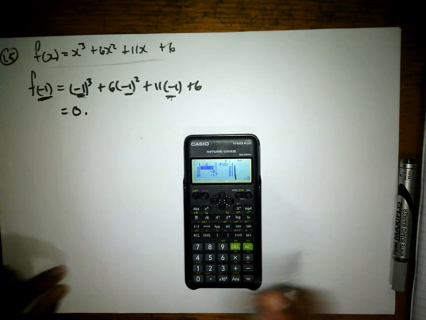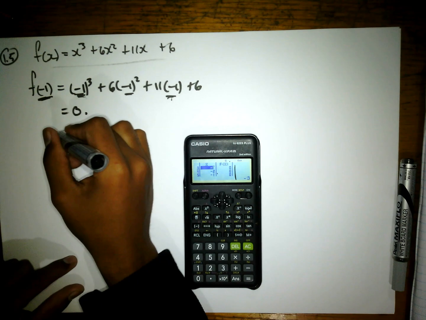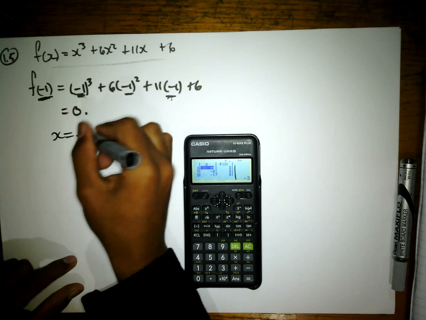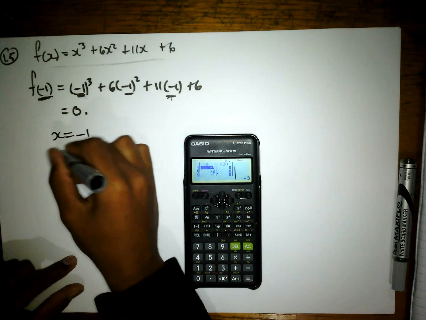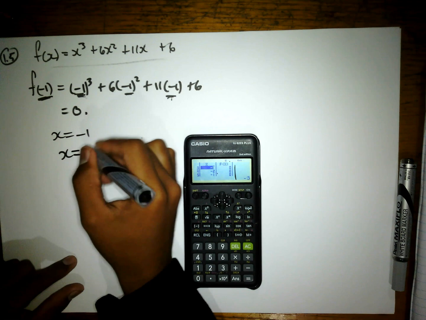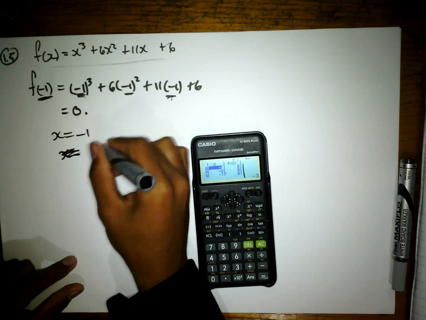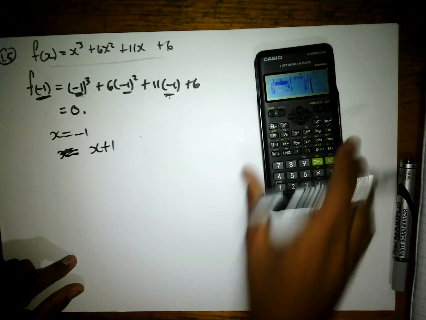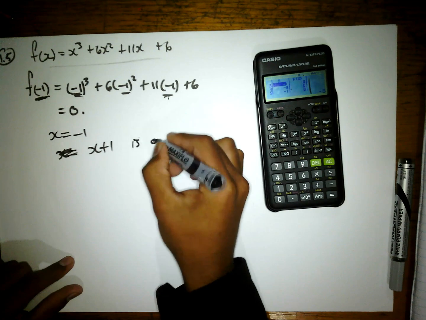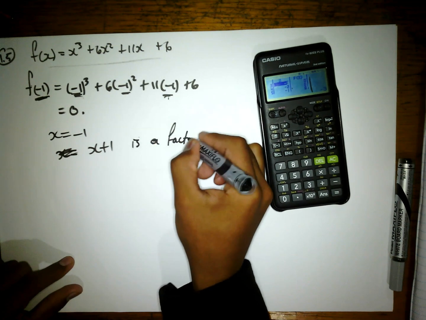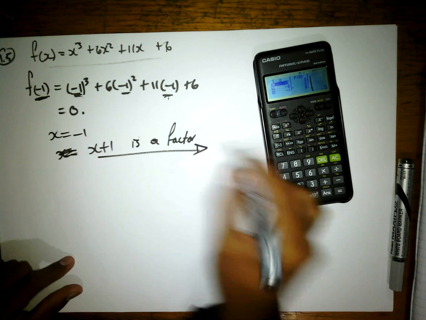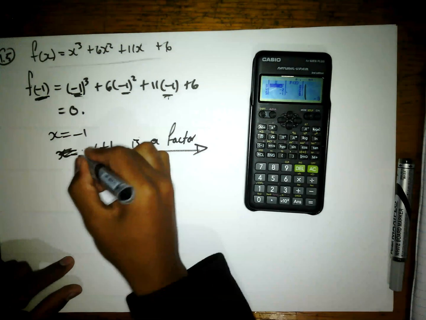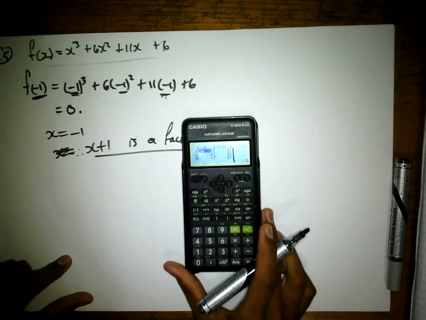Then how do we write it? We say if x equals -1, then x plus 1 is a factor. That's only really right, but this is a shortcut.